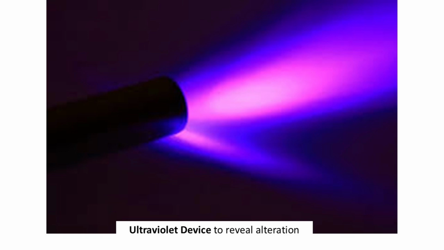So another thing, we use photography and imaging equipment on the paper. We try to look for alterations, obliterations, and erasures that may not be visible to the human eyes. What this imaging equipment does is that some have ultraviolet light.